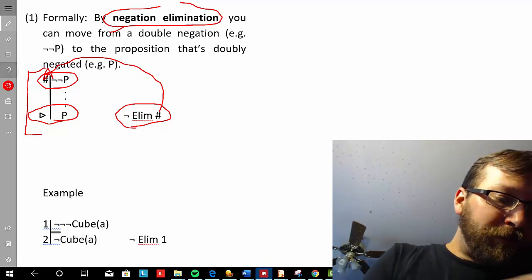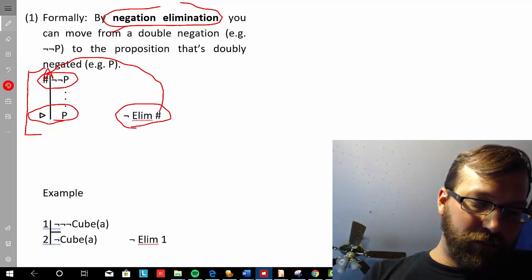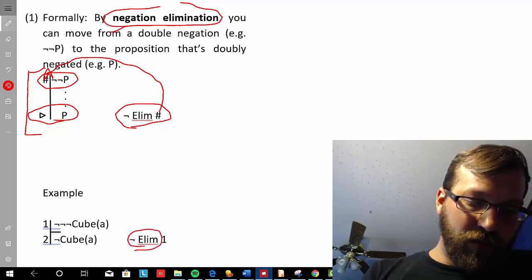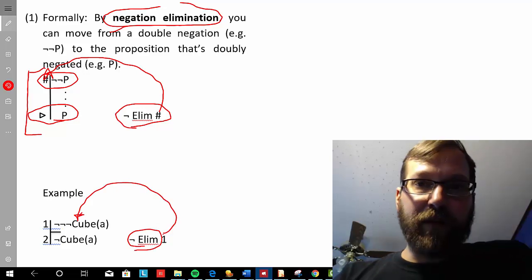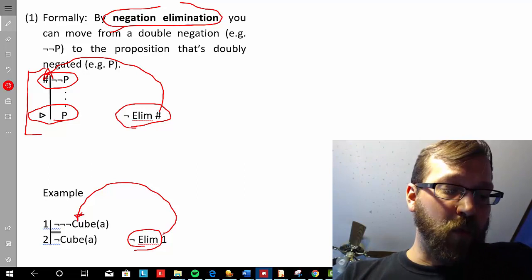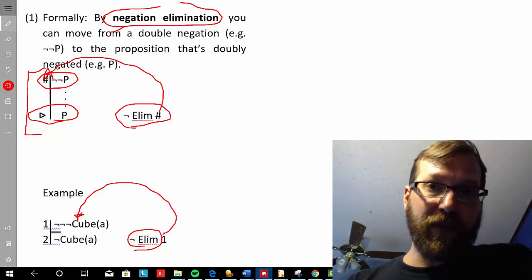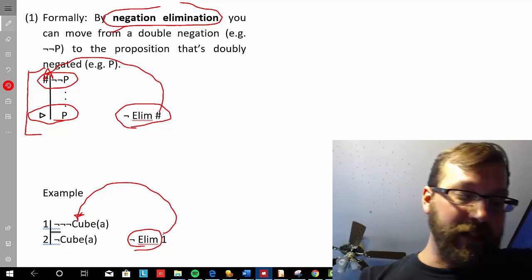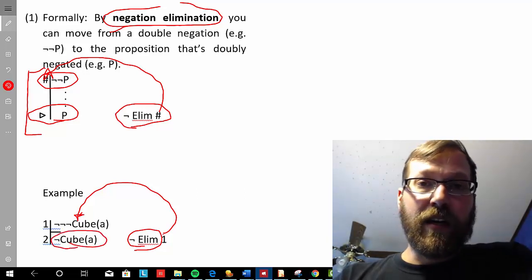So by our rule, negation elimination, that's coming from our double negation in step 1, we can then infer the proposition that was being doubly negated. In that case, it's the negation. It's not the case that A is a cube.